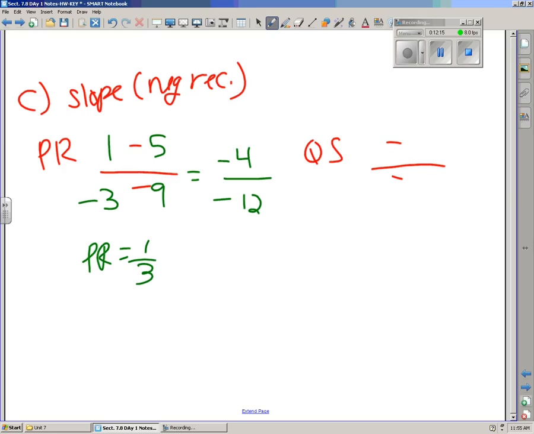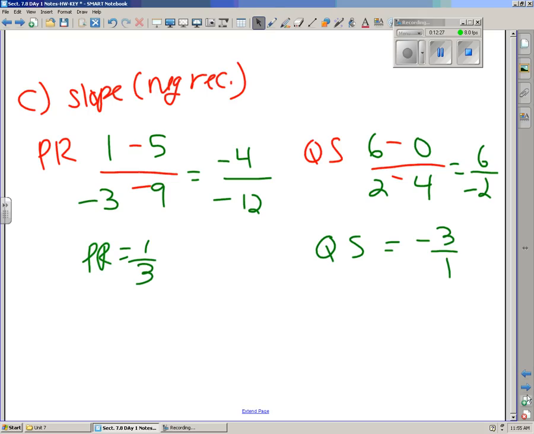And then Q to S is 6 minus 0 over 2 minus 4, which means QS is 6 over negative 2, which becomes negative 3 over 1. And these are negative reciprocals, so PR is in fact perpendicular to QS. Okay, so that takes care of that.